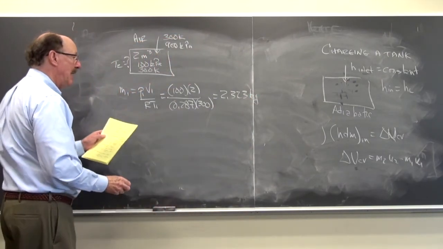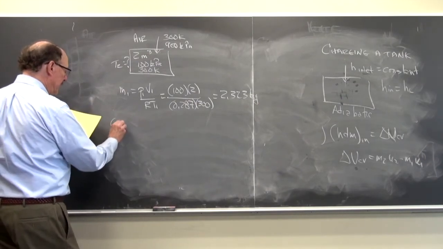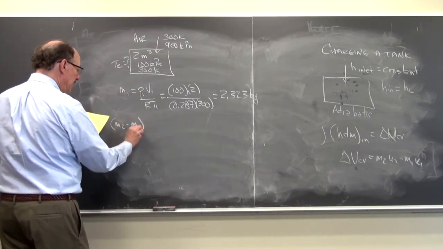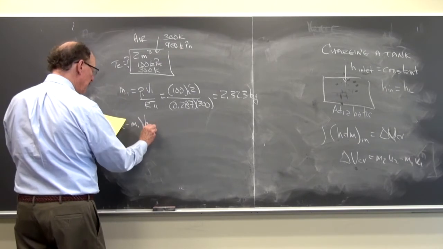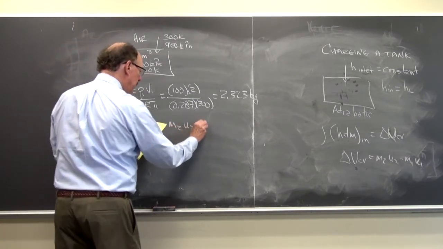So I know that's the mass in the tank. I can apply the first law equation that we have. So I have M2 minus M1, the mass in, times Hn is M2 U2 minus M1 U1.